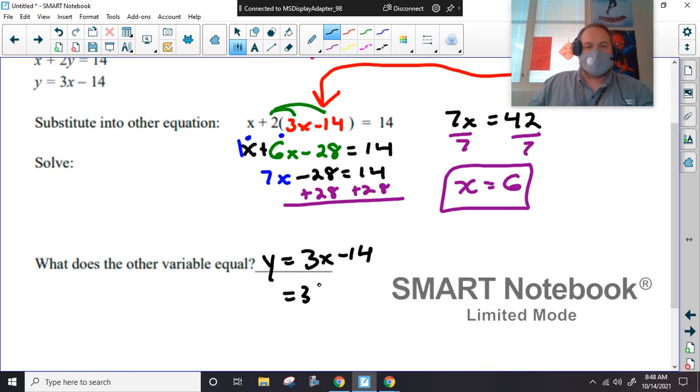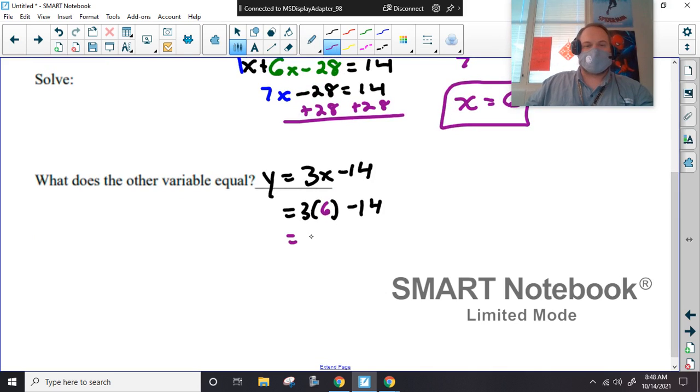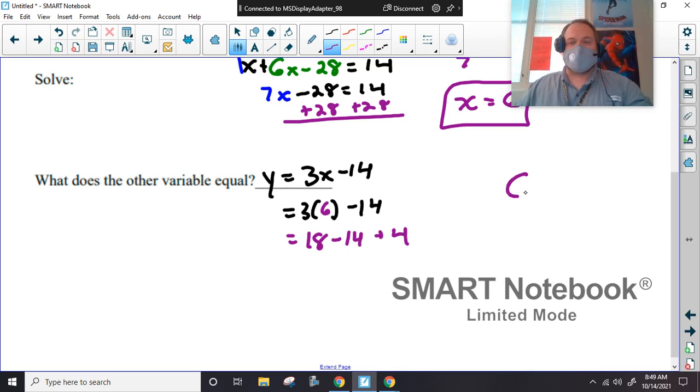Now we substitute in this value of x, which is 6. We get 18 minus 14, which is 4. So our final answer is 6, 4.